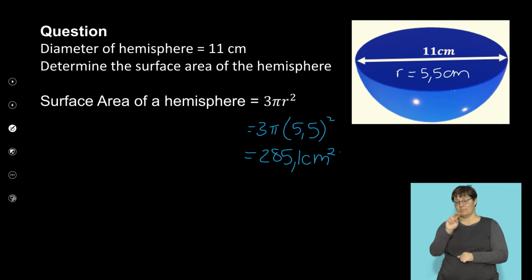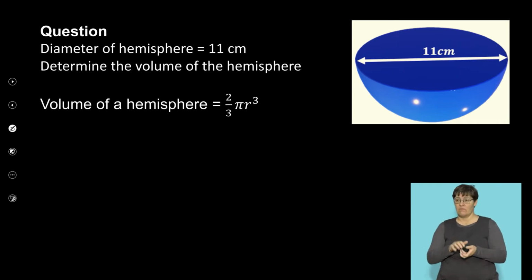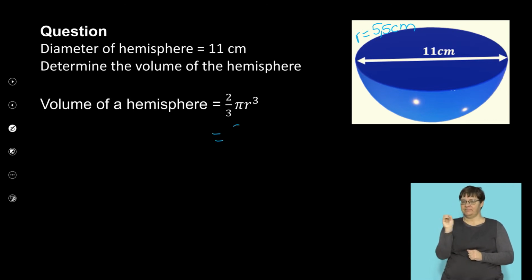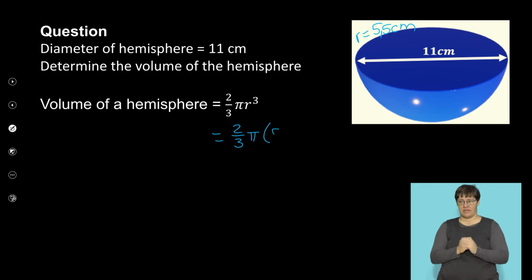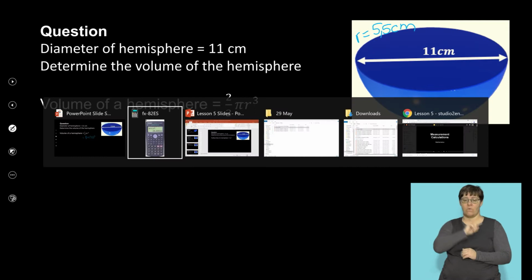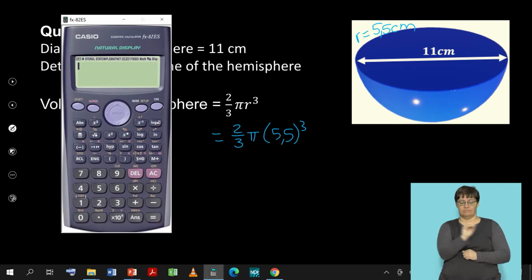Now let's do the volume. Again, just a reminder, we've said that the radius will be 5,5 centimeters because I have halved my diameter. So now I can fill it into the volume formula. So it's going to be 2/3 pi times my radius cubed. It's cubed now because we're working with volume, so let's just plug this all in.